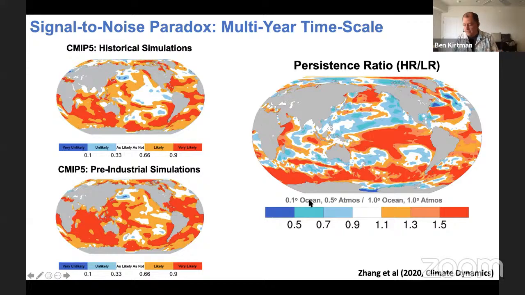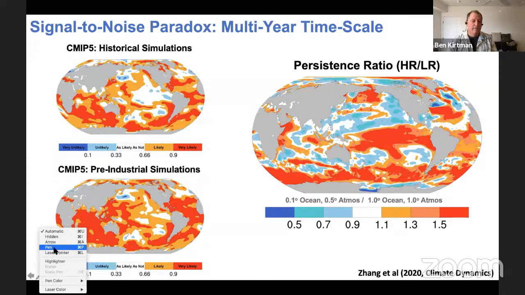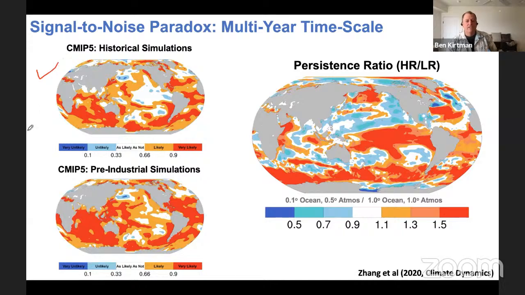And what I'm showing you here on the left-hand side is a calculation that Wei Zhang, my student, put together. He's basing this just on the CMIP5 historical simulations. He drives a Markov model for each model, and then he makes a plot of how likely there's going to be a signal to noise paradox in that model, looking at that RPC statistic that Doug talked about.